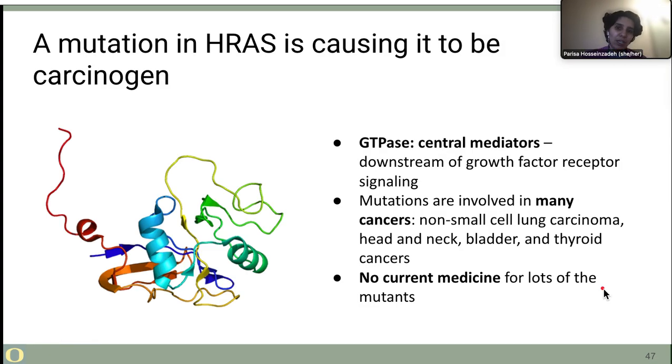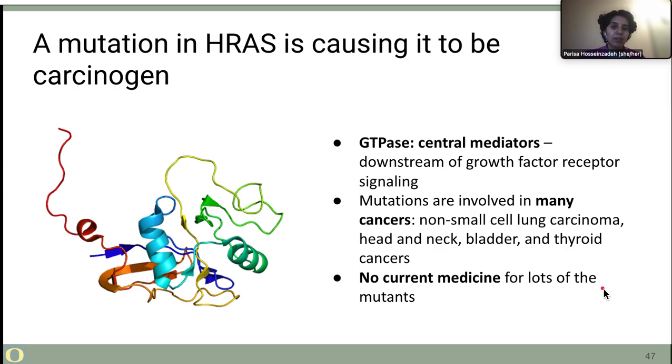So we chose HRAS. HRAS is a GTPase that's a central mediator downstream of growth factor receptor signaling.